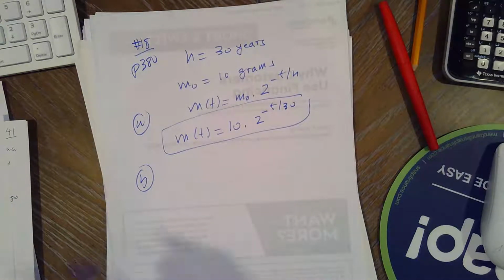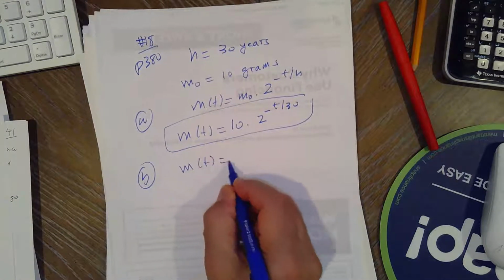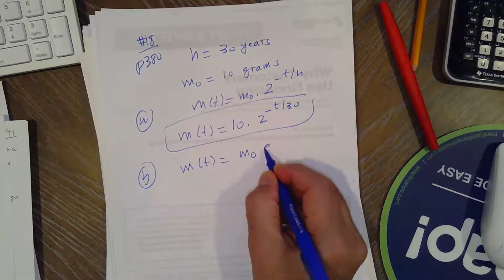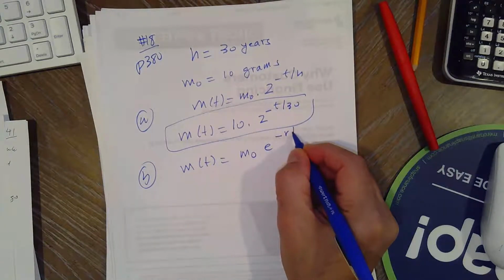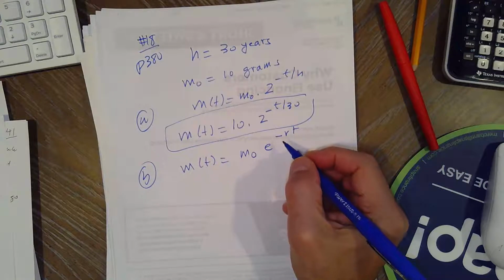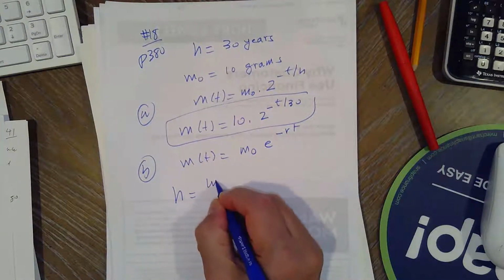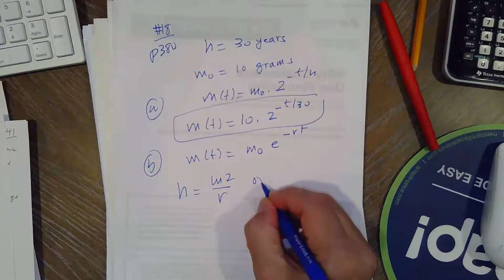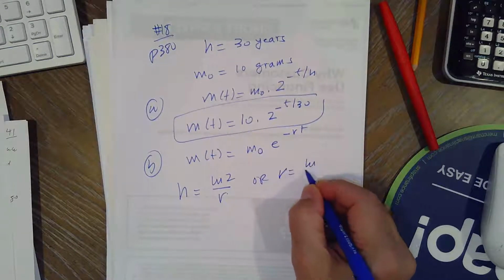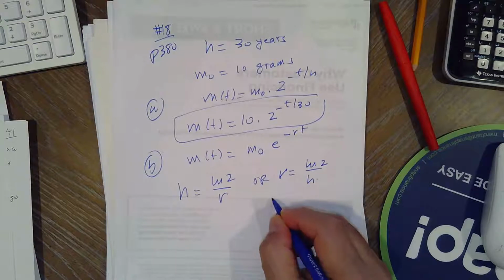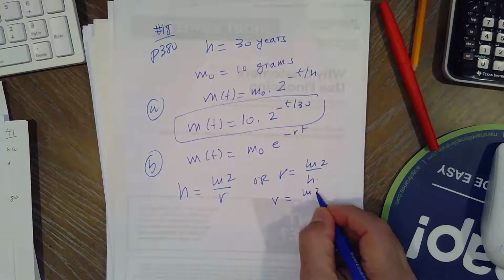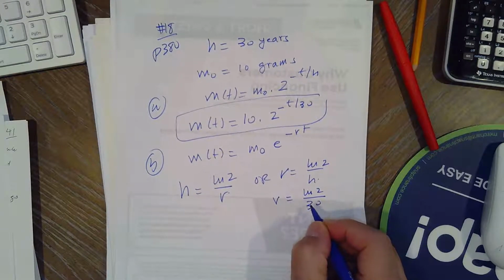Part B, find a function m of t. So they want it now in terms of the rate of decay, e to the negative rt. Okay, remember we know that h equals ln of 2 over r, or r equals ln of 2 over h. So r equals ln of 2 over 30.